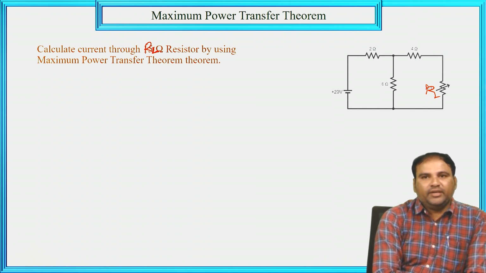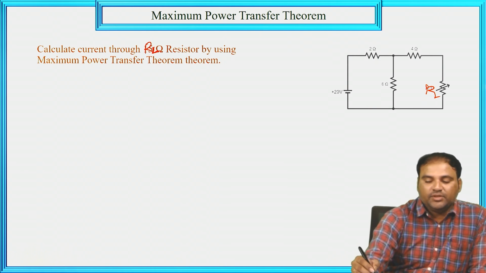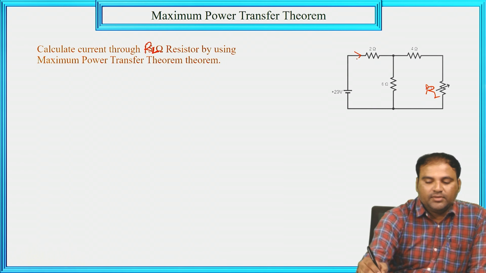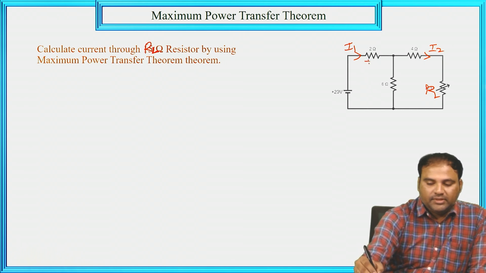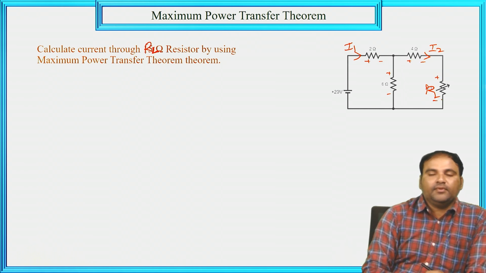Okay, so first of all, let us give the current directions here. These two are in clockwise direction. So here the first loop current is I1 and the second loop current is I2. Let us mark the polarities plus minus on each element.